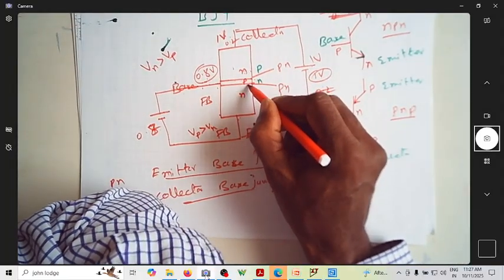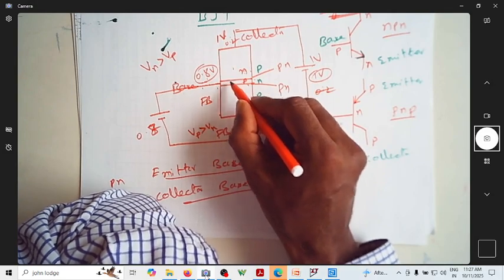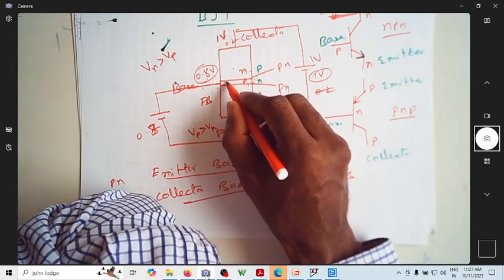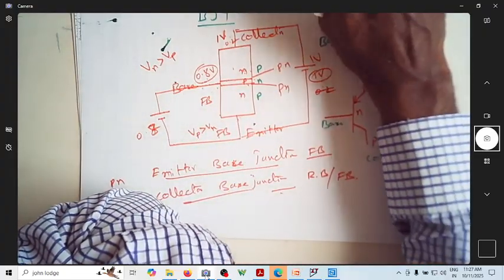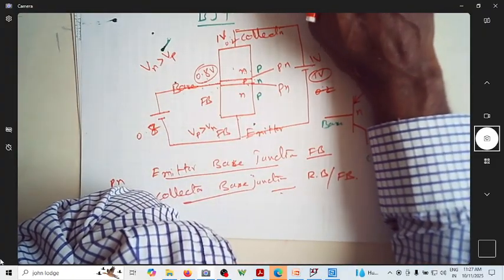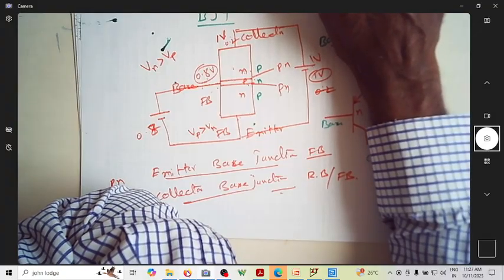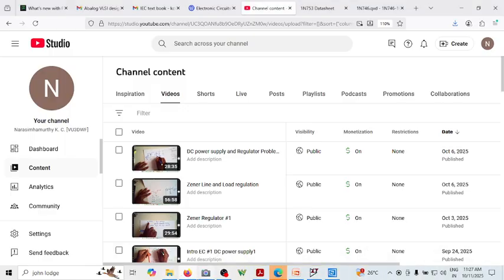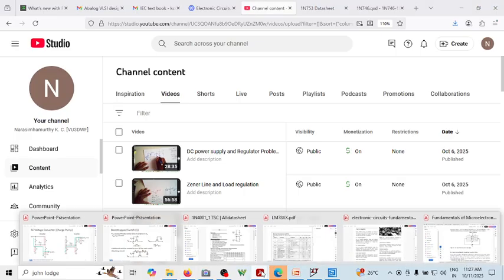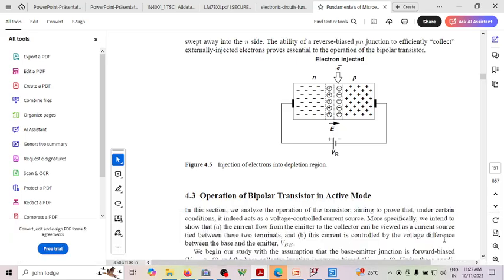In a PN junction which is reverse biased, if an electron gets injected by some means, what happens? This is what we are trying to say here. Since an electron is injected here, we can see there is a positive potential.